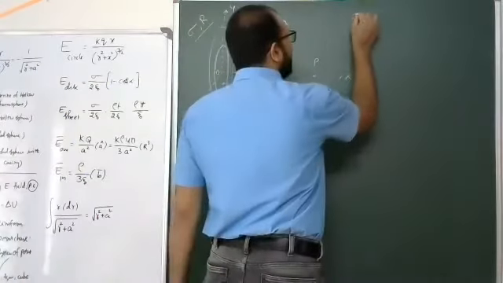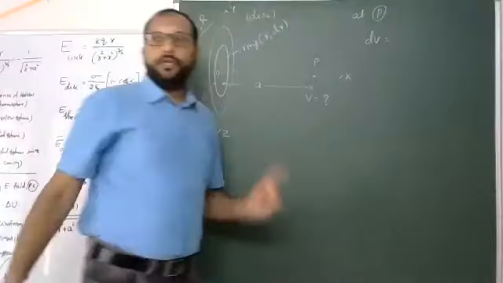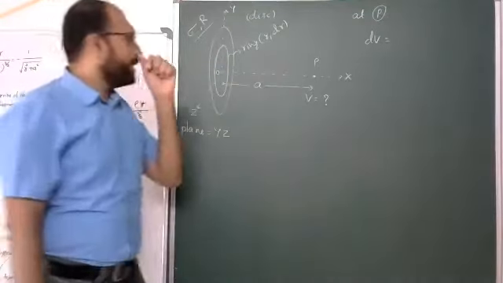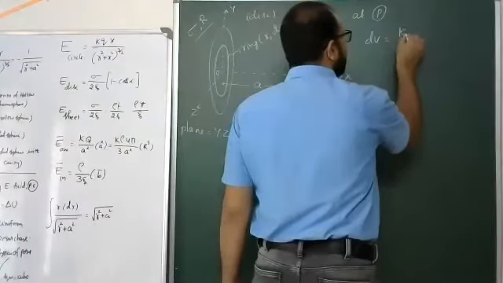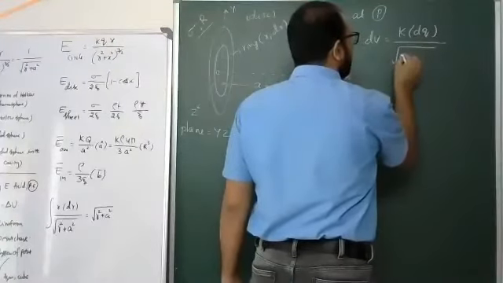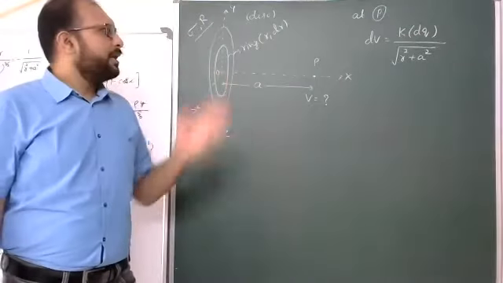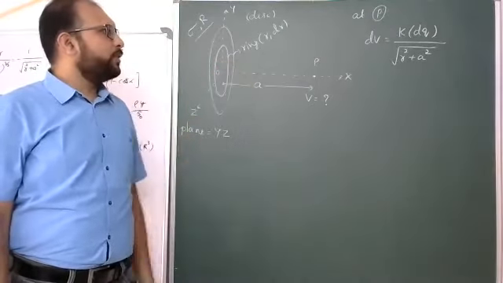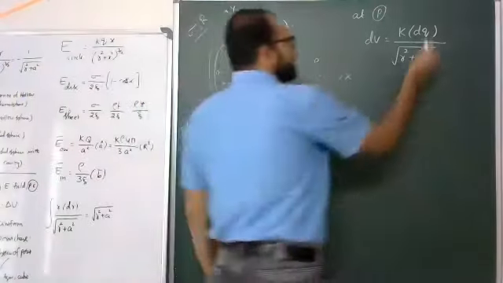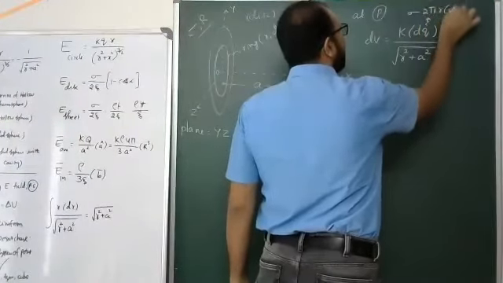At point P, potential due to only this ring, not the complete disk, only this ring: dV equal to K dq divided by root over r square plus a square. Now I am going to find dq. Students, dq equal to sigma 2 pi r into dr.